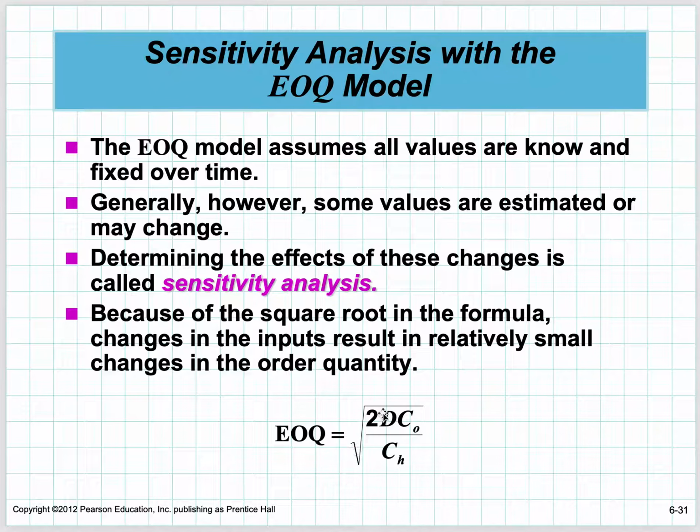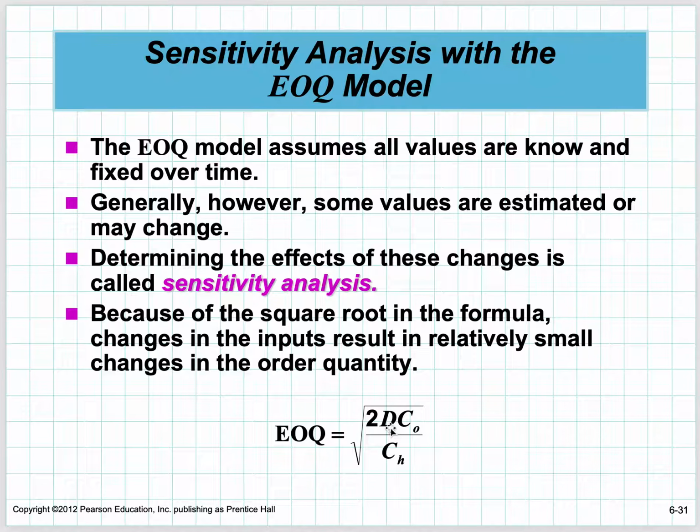Because of the square root formula, changes in the inputs result in smaller changes in the order quantity. So if I only change this by a few pennies and this by a few pennies, it's not going to have much impact. Same thing with demand. If the demand is doubled, the EOQ is only going to go up 1.414 times.